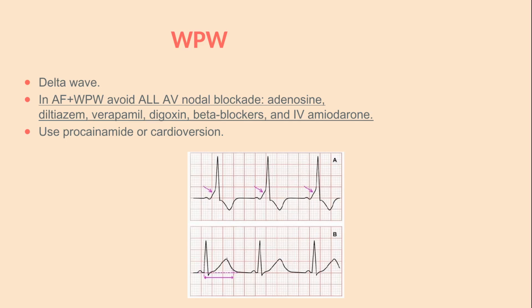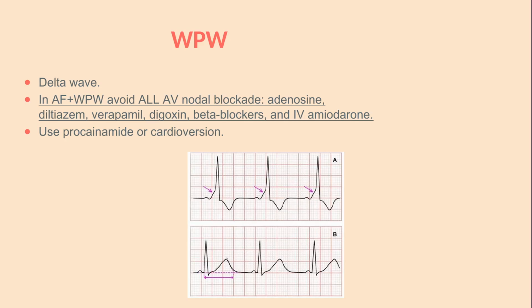exceed 250. In that rhythm, avoid adenosine, diltiazem, verapamil, and digoxin absolutely, and treat beta blockers and amiodarone with the same suspicion, because anything that preferentially blocks the node accelerates conduction down the pathway and can degenerate the rhythm into ventricular fibrillation.